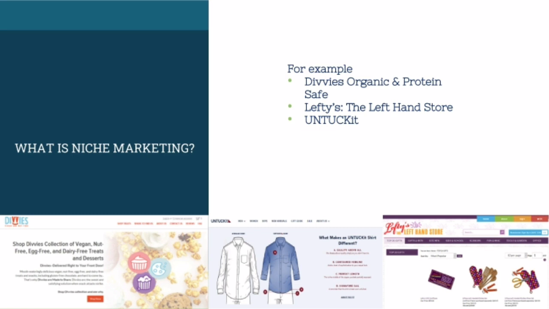So I just want to identify an underserved community in a large market is a smart way to approach niche marketing. Like Lefty's, the left-hand store. They found a largely underserved community of people, those who favor their left hand instead of their right hand.